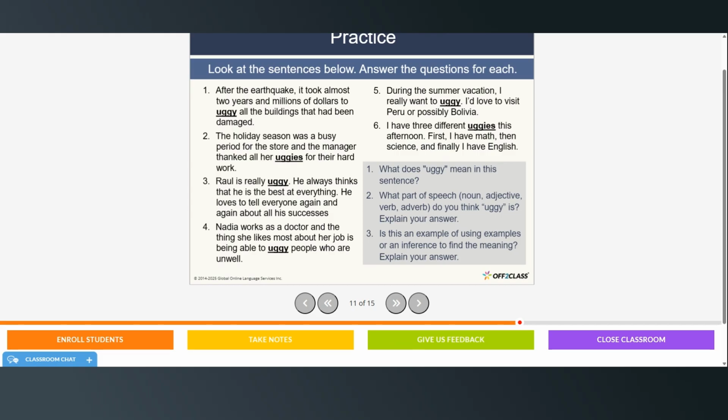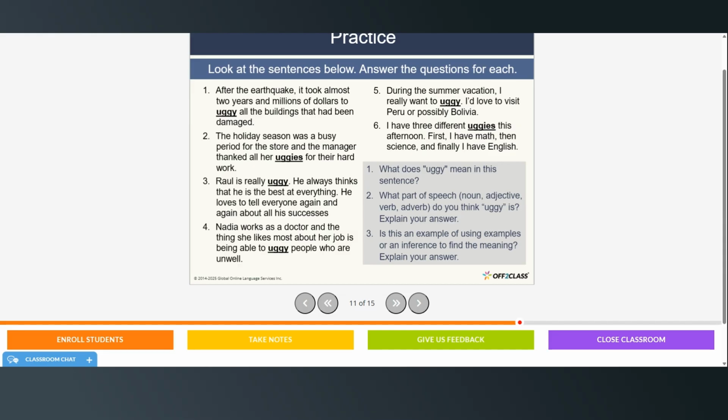Okay, Raul is really ugly. He always thinks that he is the best at everything. He loves to tell everyone again and again about all his successes. Here, ugly probably means overconfident or conceited, narcissistic.